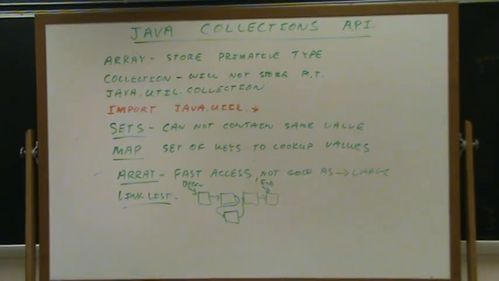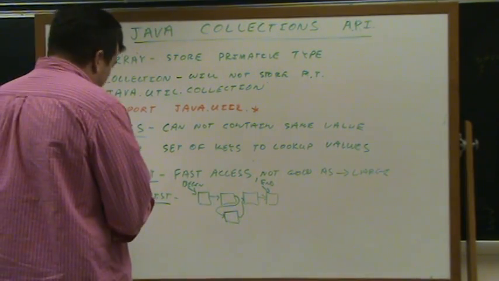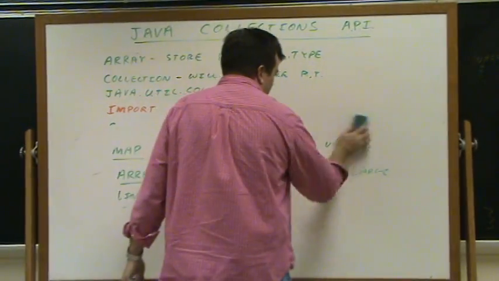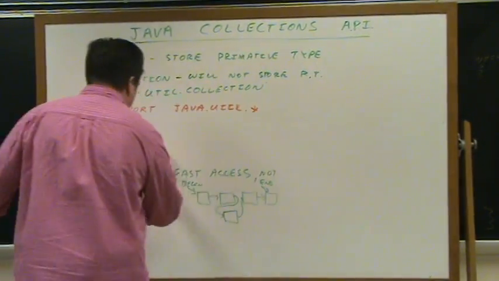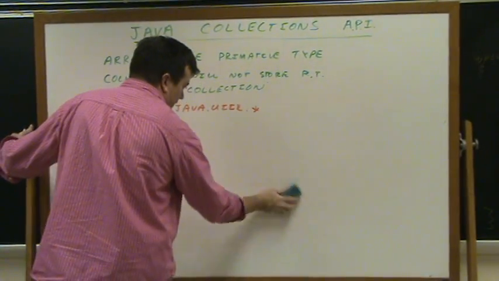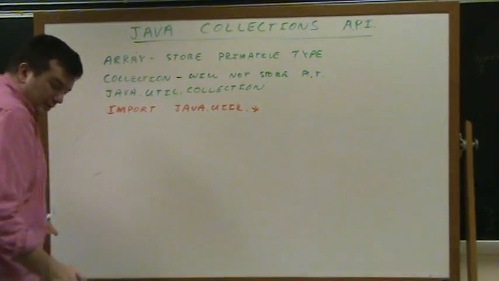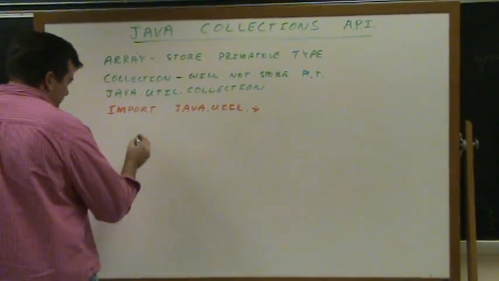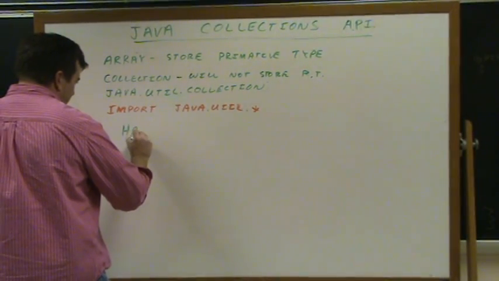Okay. Then another style of a collection is a hash. Okay? So a hash is basically saying something along the lines of, I'll draw kind of a simple model of a hash.